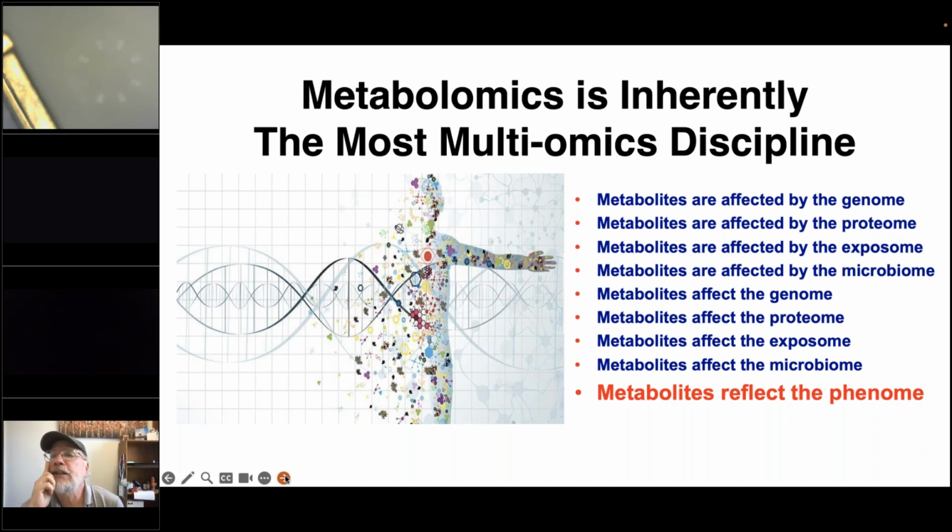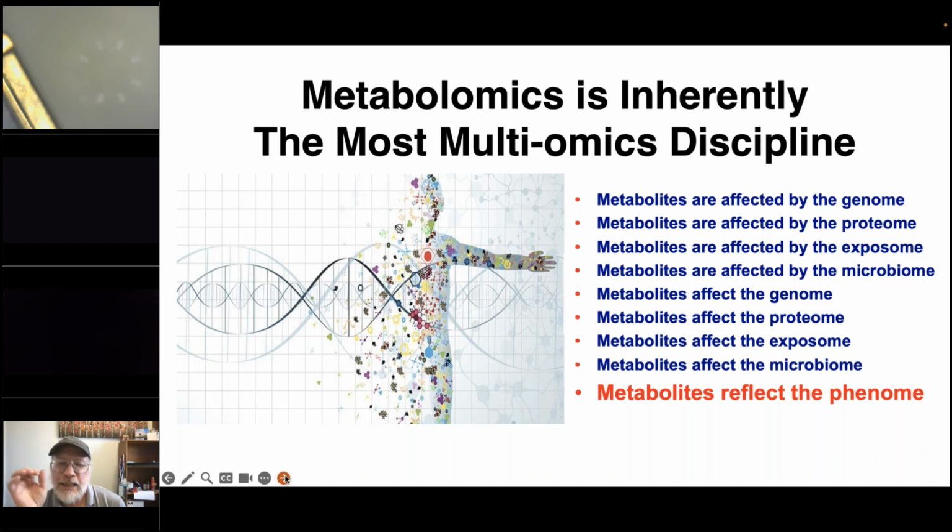And this is because essentially metabolites are affected by the genome, they're affected by the proteome, they're affected by the exposome, they're affected by the microbiome. On the other hand, metabolites can also affect the genome. They can also affect the proteome. They can also affect the exposome and other parts of the microbiome. So overall, metabolites really do reflect what we call the phenome, which is in many respects the thing that we're ultimately trying to measure when we're doing biology.